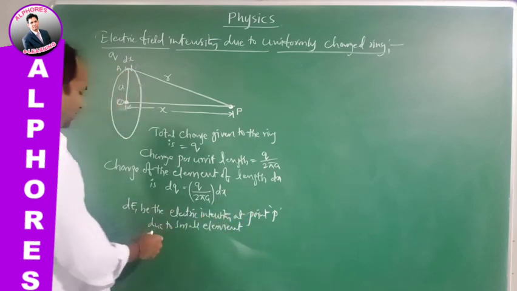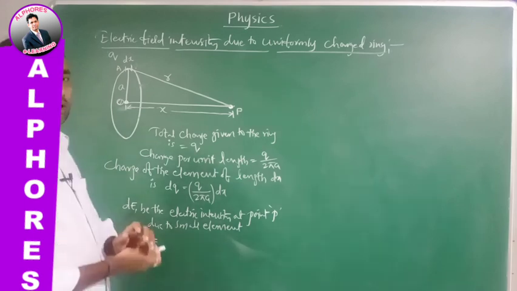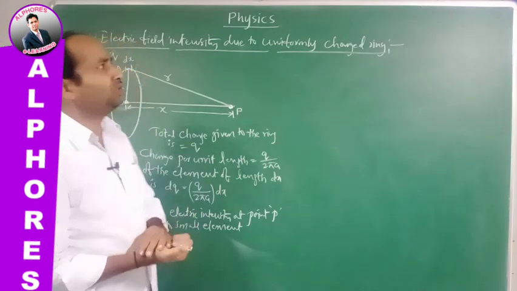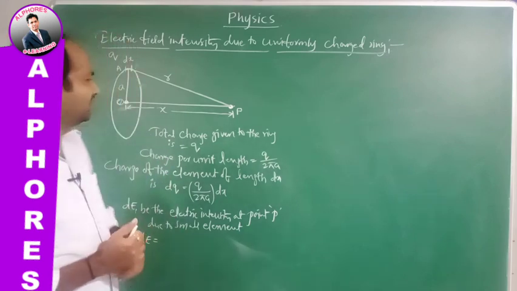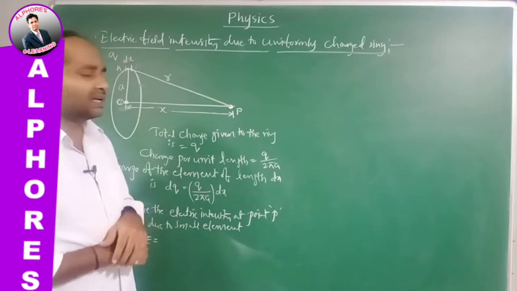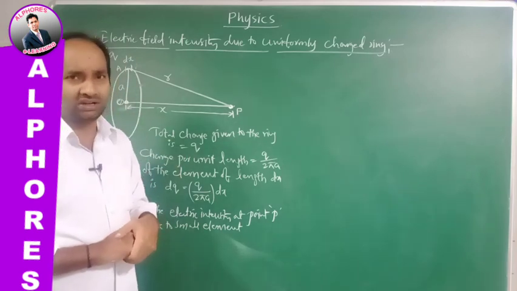We know the electric field intensity due to a point charge is 1 by 4 pi epsilon naught Q by r square. This is a small element compared to the total length, so it is treated as a point charge.